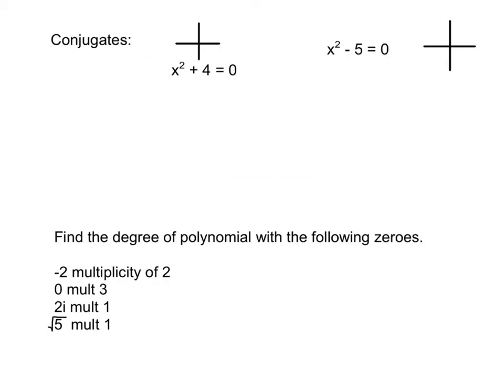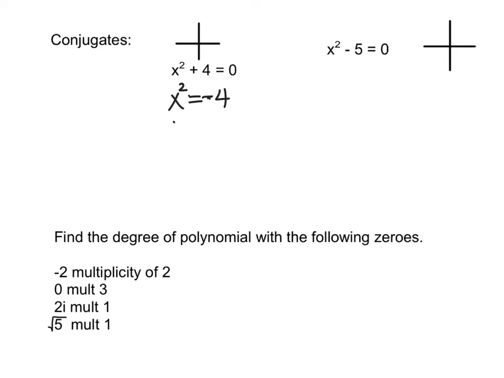Sometimes polynomial graphs do not have x-intercepts, or they have x-intercepts that are not at whole numbers, like the zeros we saw earlier. So for instance, if I have x squared plus 4 equals 0, right, and I were to solve for x on this problem, I would have x squared equals -4.